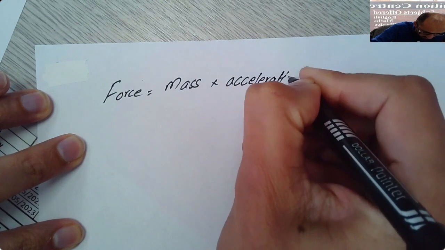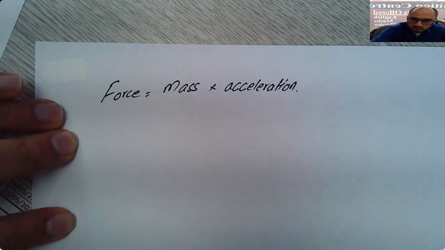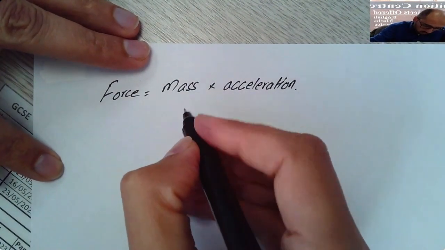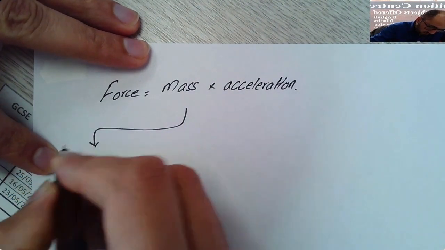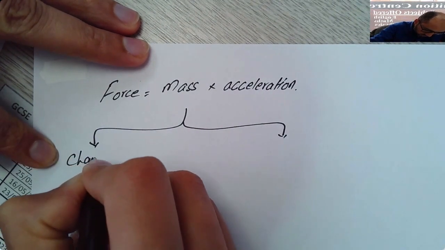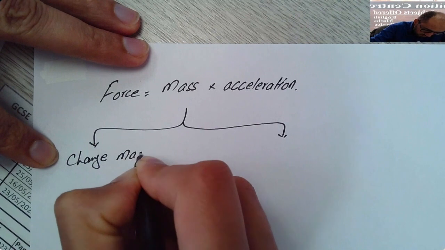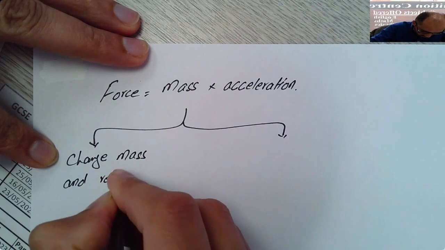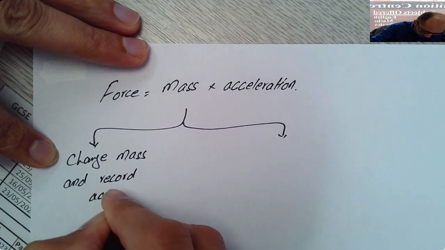Generally there are two options that we have to look at. One is where you change mass and record acceleration.